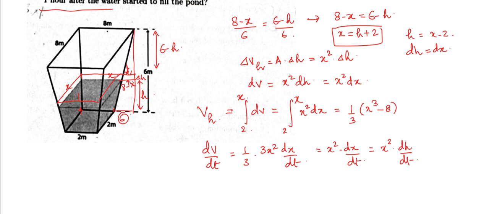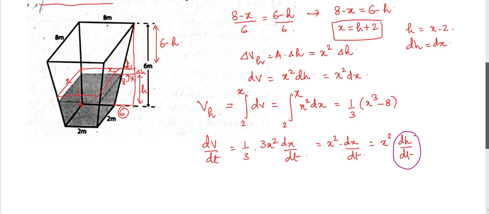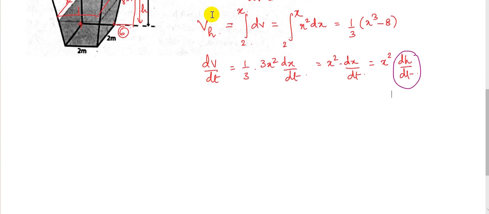Now this is what we are asked to find: the rate of rise of water, dh dt. So dh dt will be equal to 1 upon x square into dV dt.